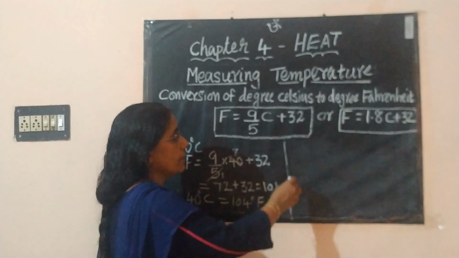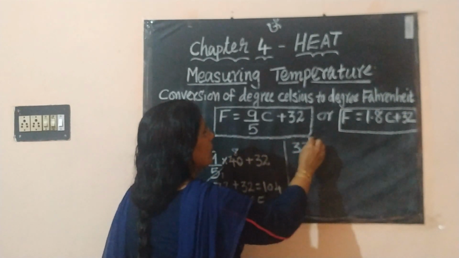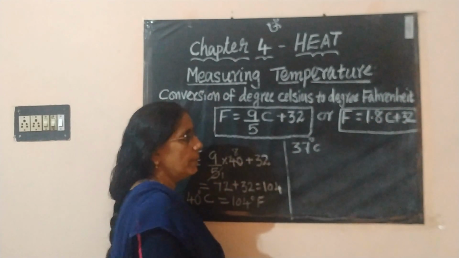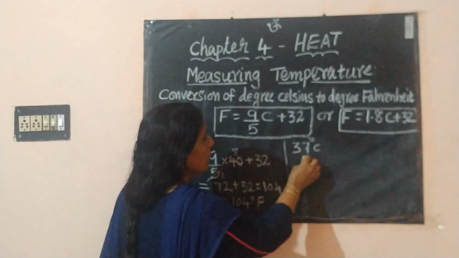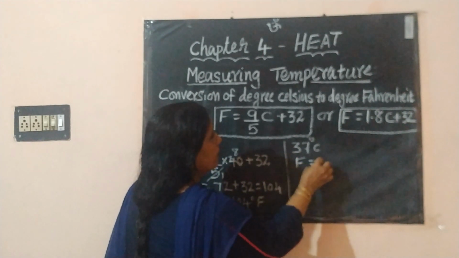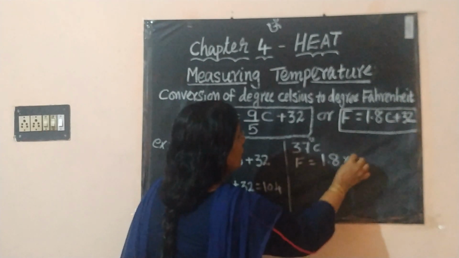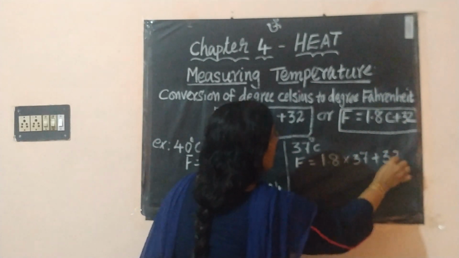Now let's take another example, 37 degrees Celsius. To solve this, we will use the formula 1.8 C plus 32. So by substituting the value of C, we get F is equal to 1.8 into 37 plus 32.